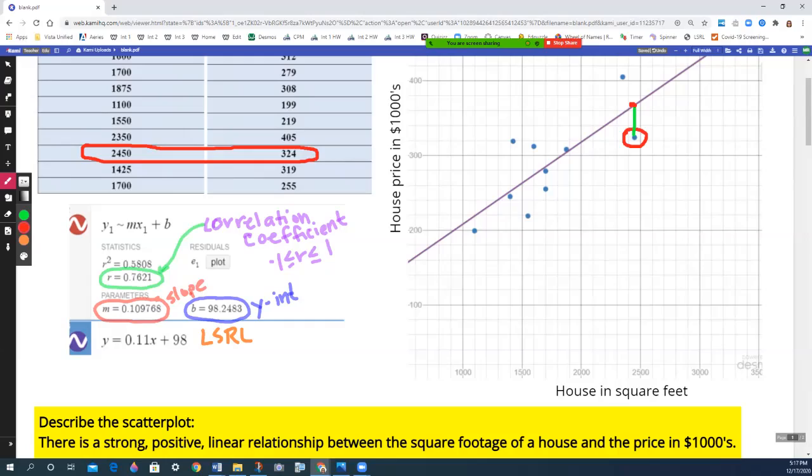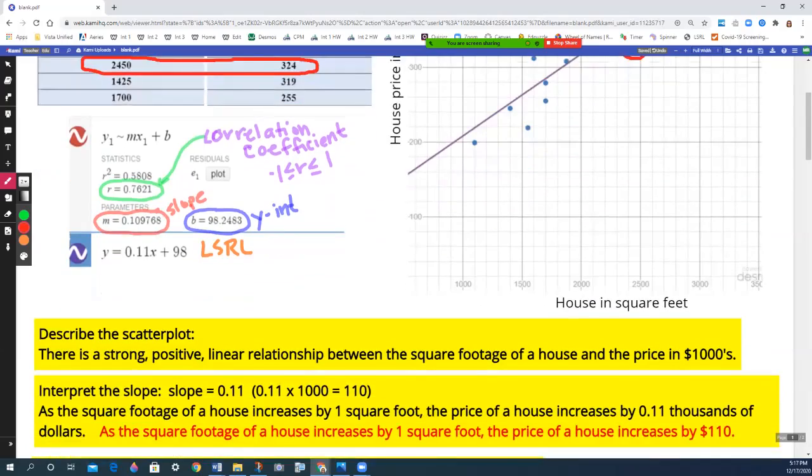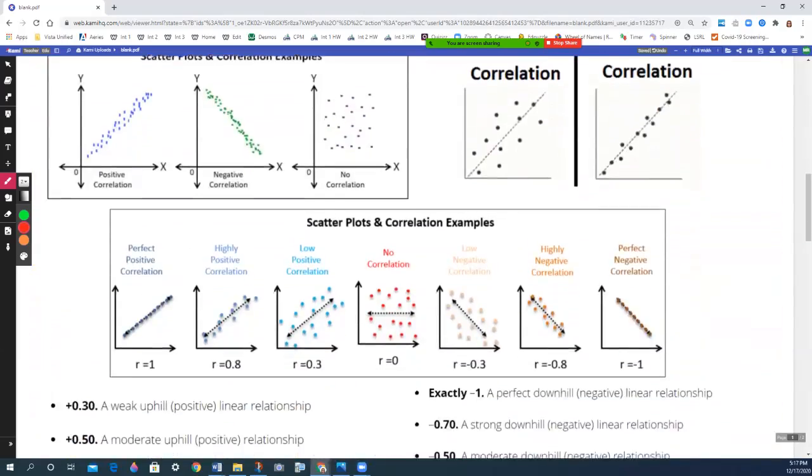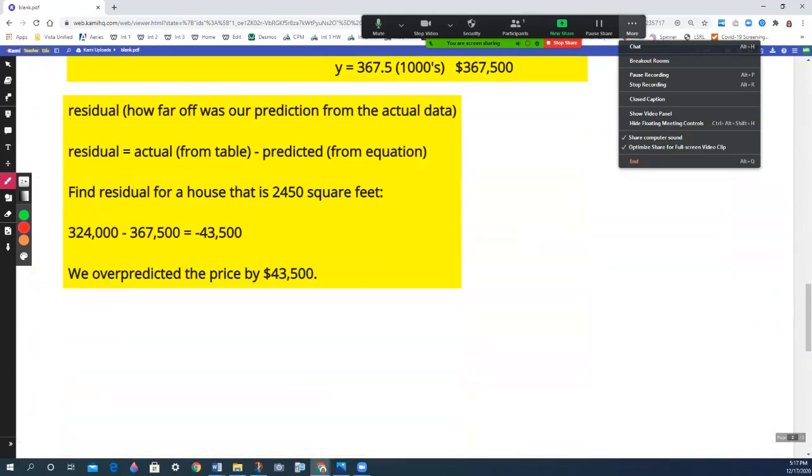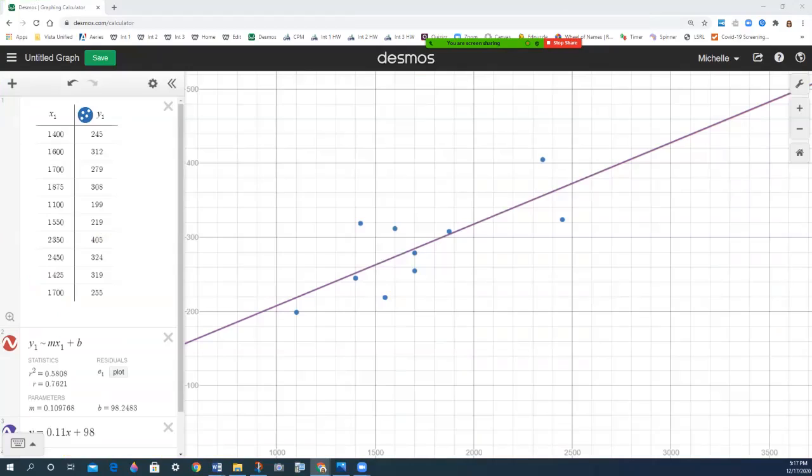Now, if we're looking at the Desmos, what you're going to find is we will see this residual. It actually will plot it for us. So let me get that back up and show you how we do that. So here, again, the distance from these actual points to the line is what a residual is.